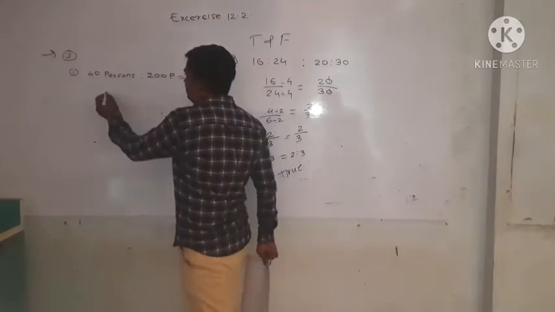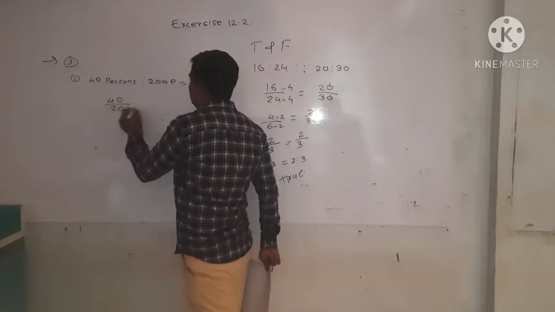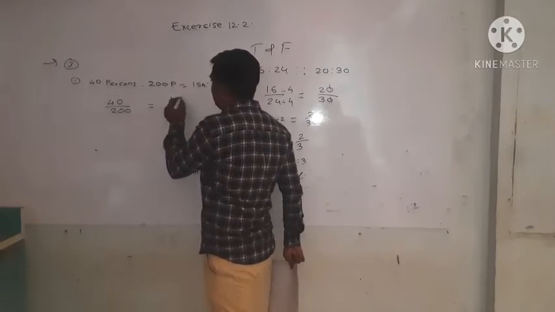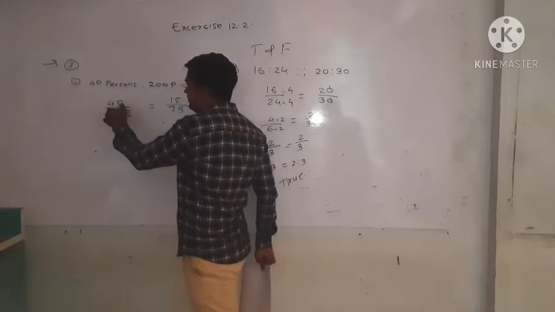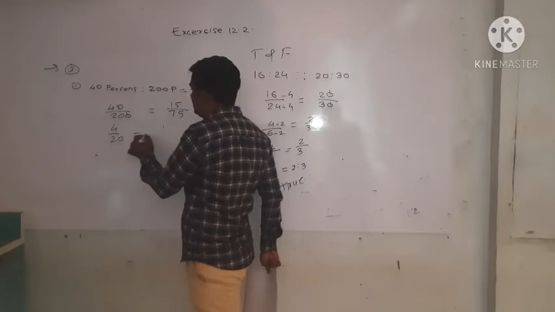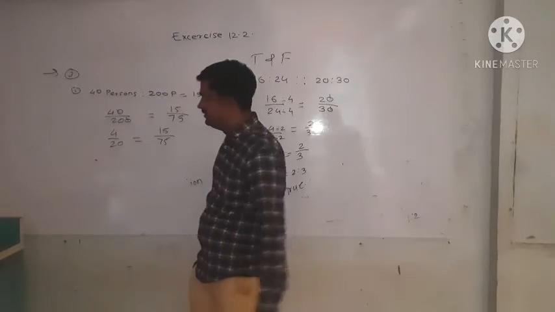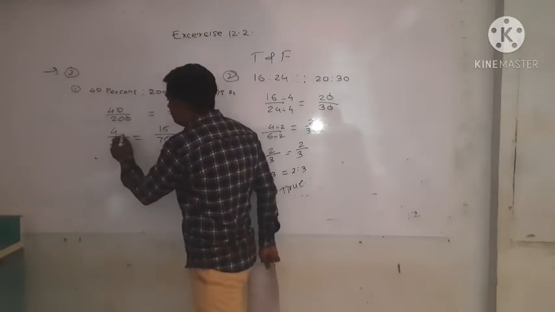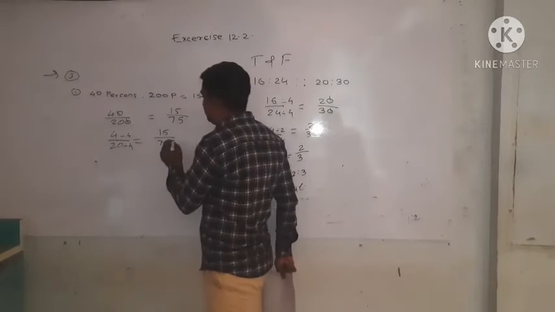Now how many persons here? 40 persons by 200 persons is equal to 15 rupees by 75 rupees. Now solve this. 0 cancel, which remains here 4 by 20 is equal to 15 by 75. Now see, unit table, both numbers divided by 4, divided by 4.